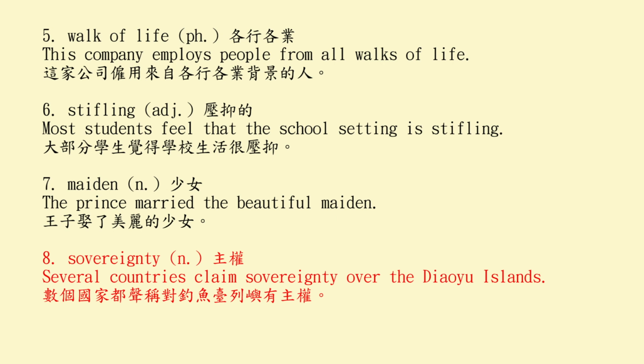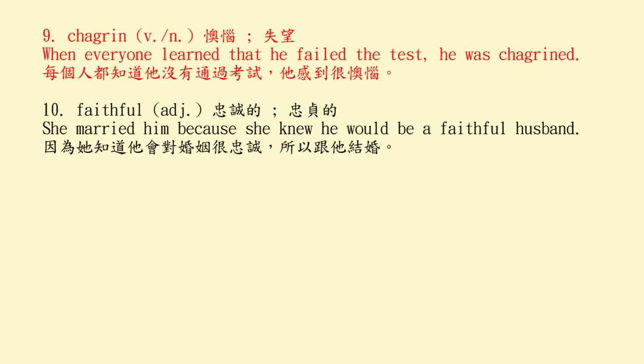Several countries claim sovereignty over the Diaoyu Islands. Chagrin. When everyone learned that he failed the test, he was chagrined. Faithful. She married him because she knew he would be a faithful husband.